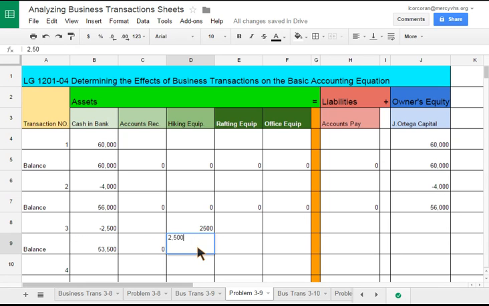We have $2,500 worth of hiking equipment. We don't have any rafting equipment yet. We don't have any office equipment. We didn't borrow any money yet, and my capital was not affected. So $56,000, if I added these two sides up, I would get $56,000. So my equation is still balanced, and that's what I wanted.